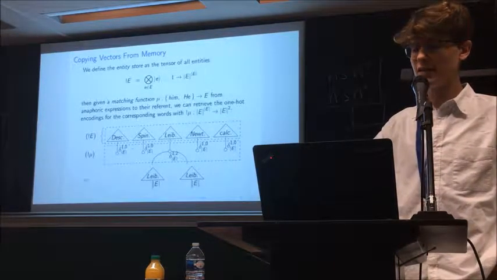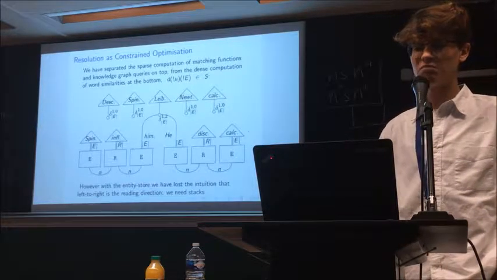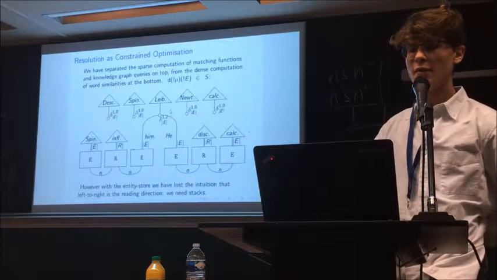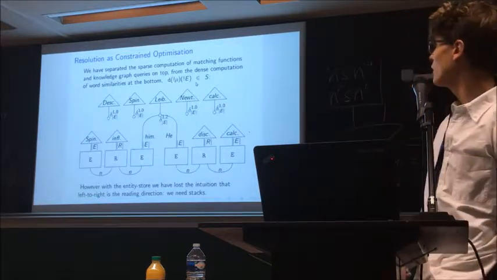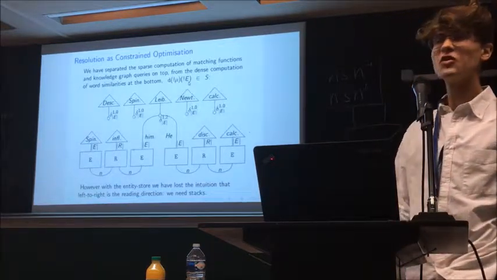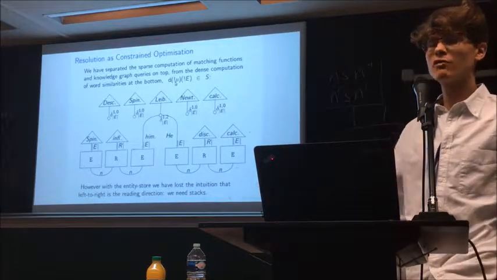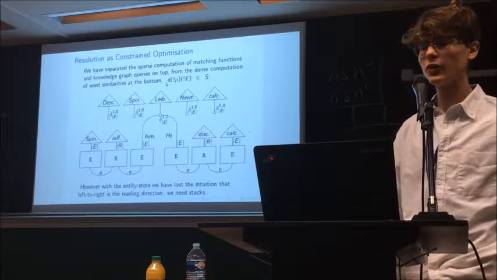What we get is what we call the resolved discourse. So the idea is it's the composition of an entity store followed by a matching function which feeds the information from the entity store into a discourse.